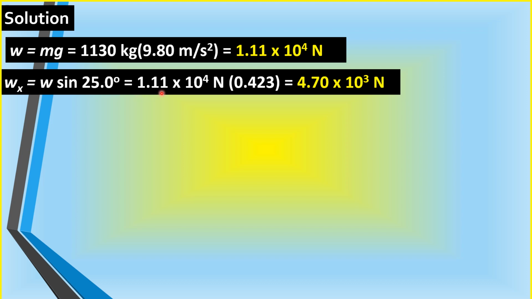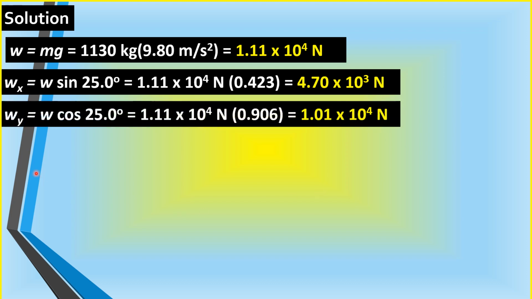Substituting, we have 1.11 times 10 to the fourth Newton multiplied by the sine value of 25 degrees, which is 0.423, and we get the x component of the weight W in our earlier diagram that was supposed to be directed down the ramp. So you may check on that in our vector diagram. So that value of Wx is equal to 4.70 times 10 to the third Newton.